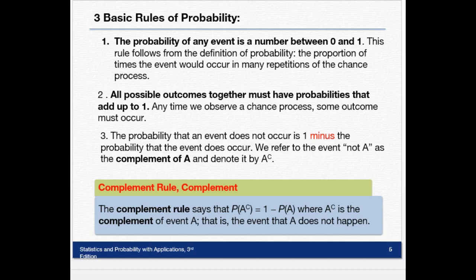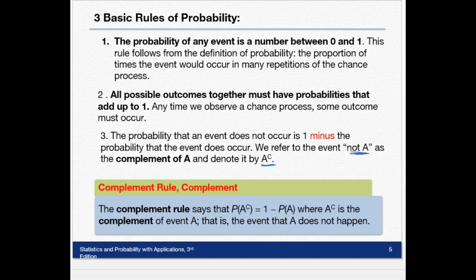Number 3, the probability that an event does not occur is 1 minus the probability that the event does occur. We refer to this event of not A, like if A is the event and we don't want it to occur, as the complement of A, and we denote it as A with a little c superscript.